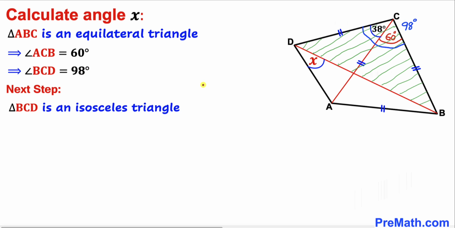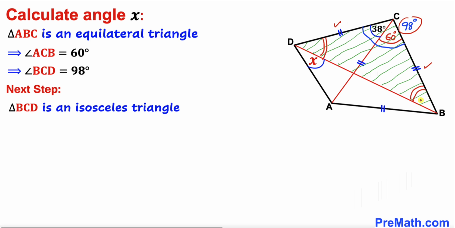And here's our next step. Let's focus on this triangle BCD, and we know that this is an isosceles triangle since this side is equal to this side. So therefore this angle is going to be equal to this angle, and we know that this angle is 98 degrees.